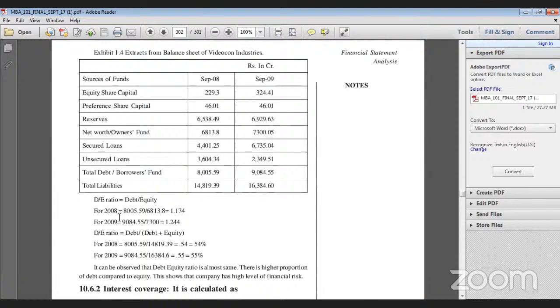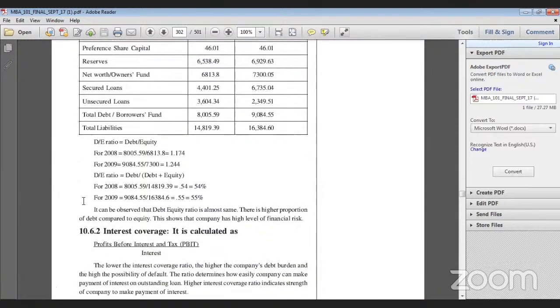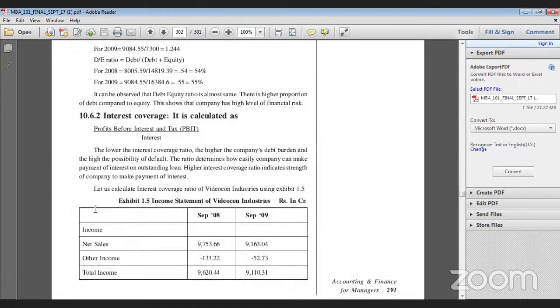It can be observed the debt equity ratio is almost the same. There is a higher proportion of debt compared to equity. This shows the company has a high level of financial risk. So it indicates very easily.